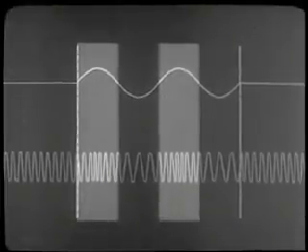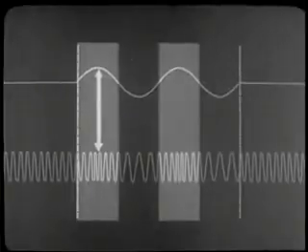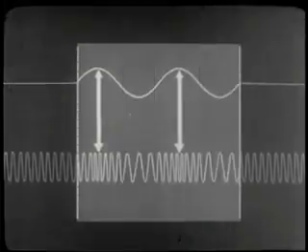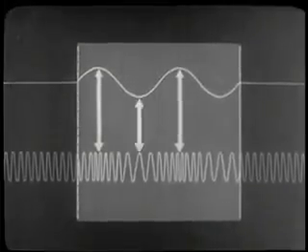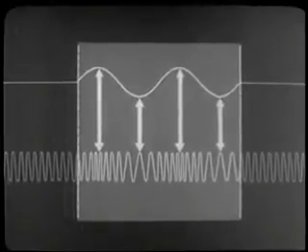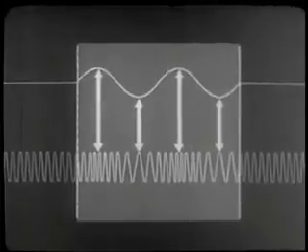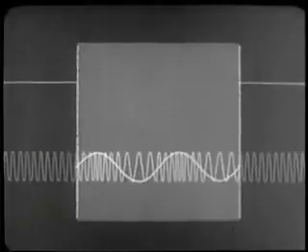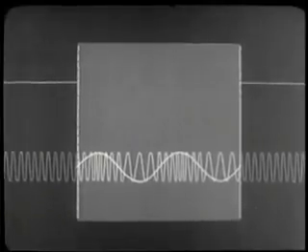Thus, the carrier has moved above rest frequency twice as often in the same interval of time, and has moved below rest frequency twice as often in the same period of time in response to the doubling of the audio signal frequency. But since the amplitude of the audio signal was not changed, the distance above and below rest frequency traveled by the carrier has remained constant.